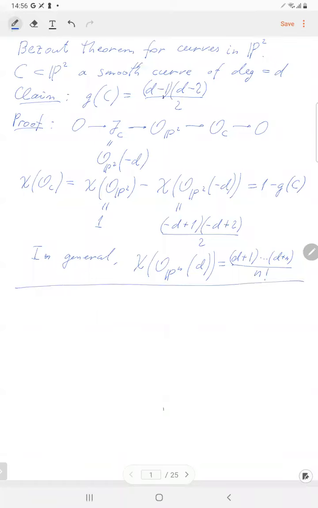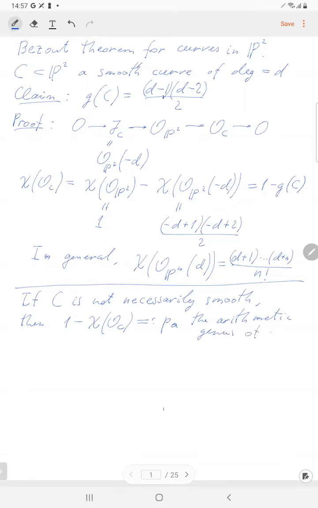And if C is not necessarily smooth, as was our assumption in the beginning, then 1 minus the Euler characteristic of the structure sheaf is called the arithmetic genus. Where was smoothness used in the previous argument?